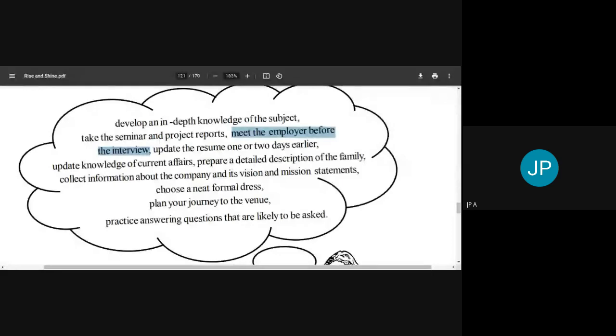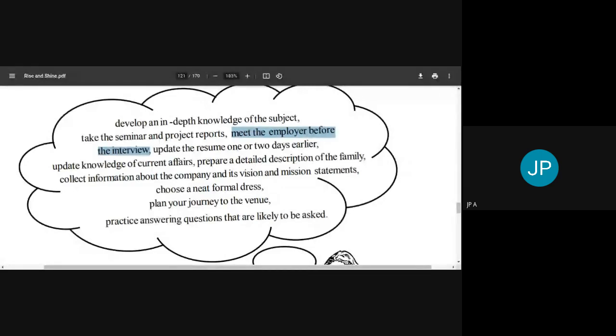So we have to prepare resumes. We can have a basic resume, but we have to modify it. Every time we send our resume to any organization, we have to modify it according to our profile, according to the qualities, the skills that you have acquired.